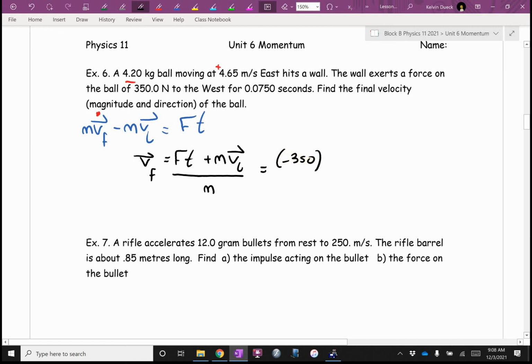Time. And then there's a plus sign and an M, 4.2. VI, positive 4.65. All divided by 4.2.